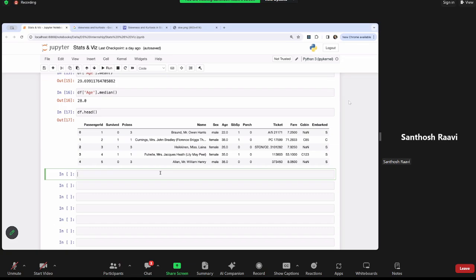Is that clear? Swati, Kumaresh, Jyoti. Yes, guys.